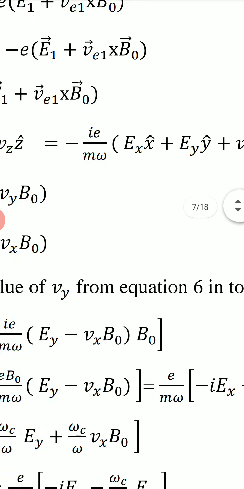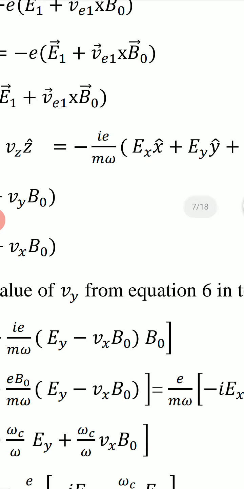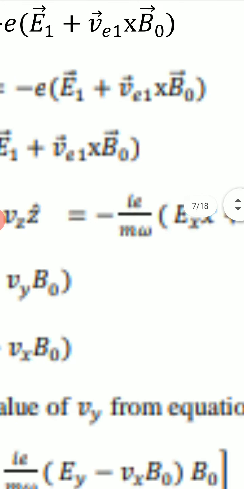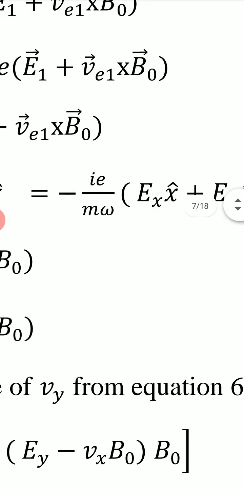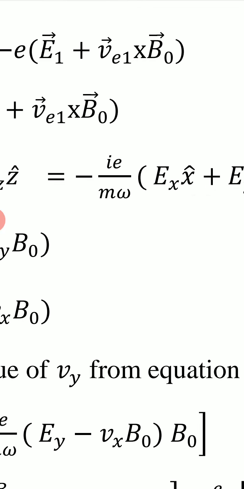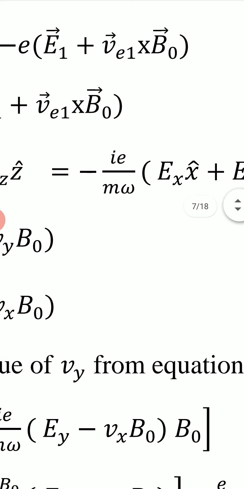Then we write the value of ve1 vector cross B vector. This cross product can be obtained by using a determinant. In this determinant we write in the first row x cap, y cap, z cap, which are the unit vectors.